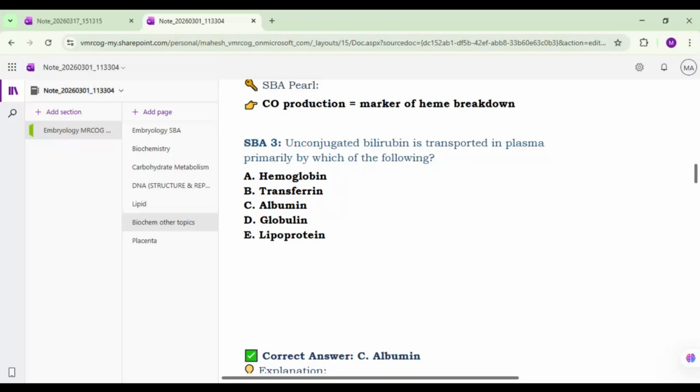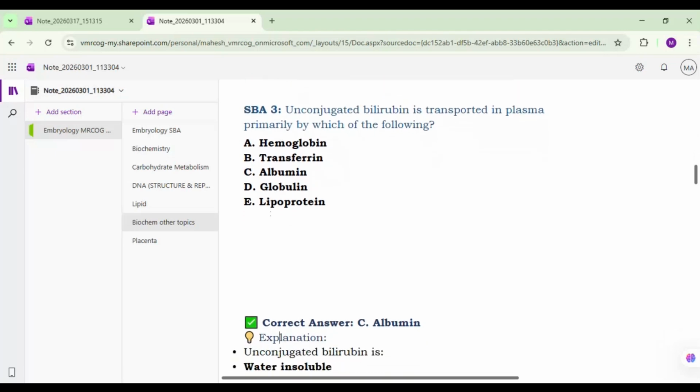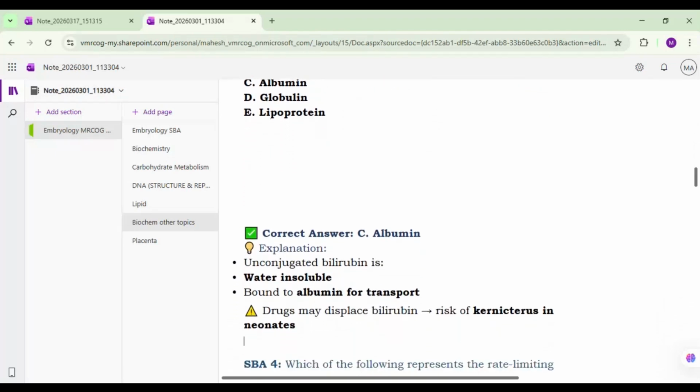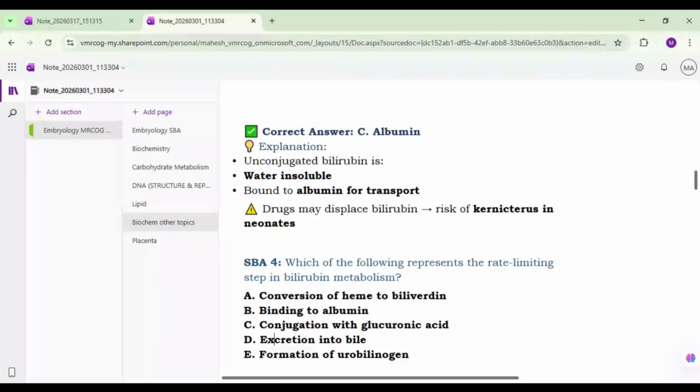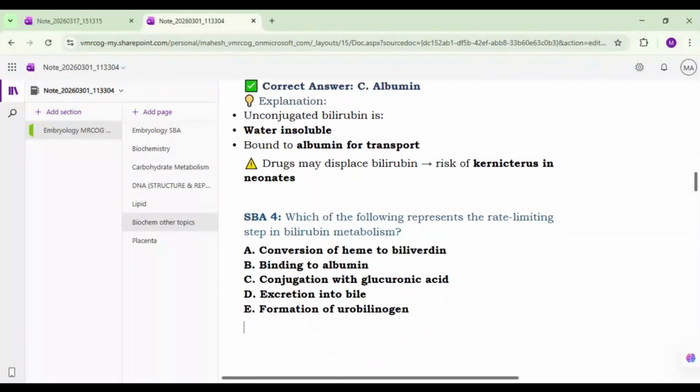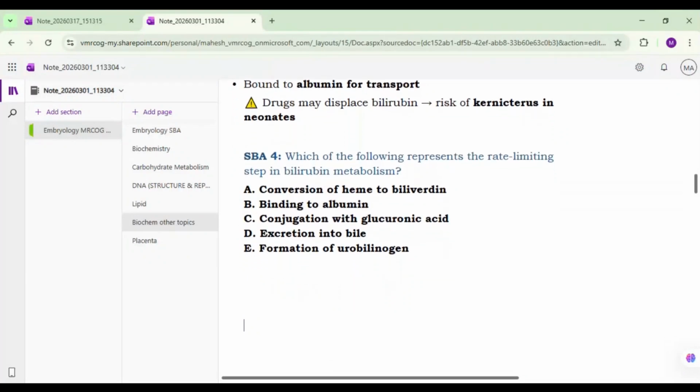Option C, albumin. So it binds with albumin. Unconjugated bilirubin is water insoluble, bound to albumin for transport. Drugs may displace bilirubin, and there is a risk of kernicterus in neonates.